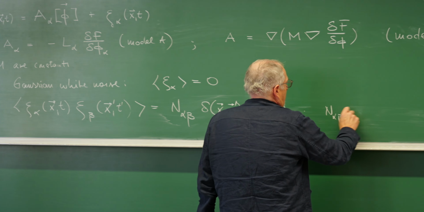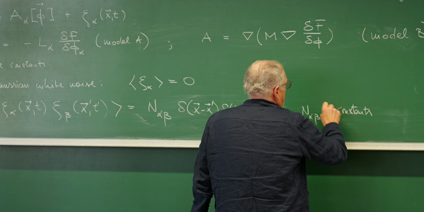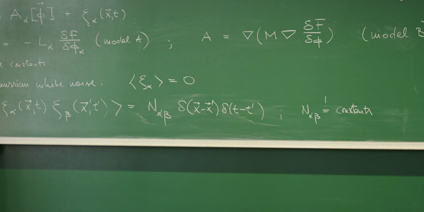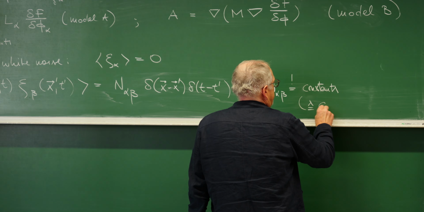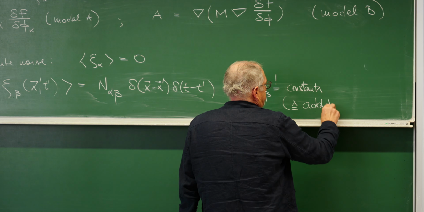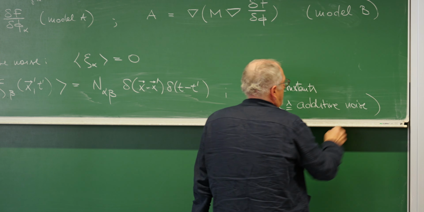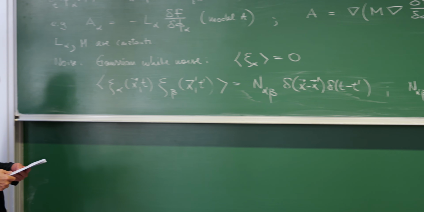And these N alpha beta are assumed to be constants, and that's what it means that we have additive noise. Right? So I hope it's clear so far.